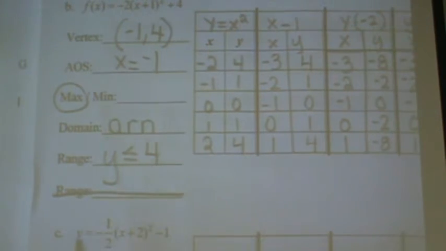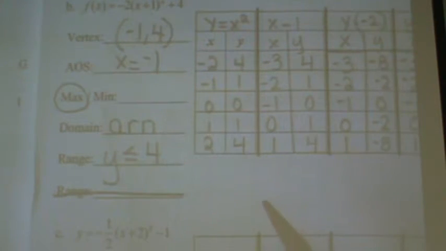So your vertex is going to give you a lot of information. It's going to give you your axis of symmetry, and it's going to help you with your range, your y value. Since the vertex is a maximum, your y values are going to be less than or equal to 4. Hopefully this makes a little bit of sense to you. Are you getting these? Yes or no? Yes.